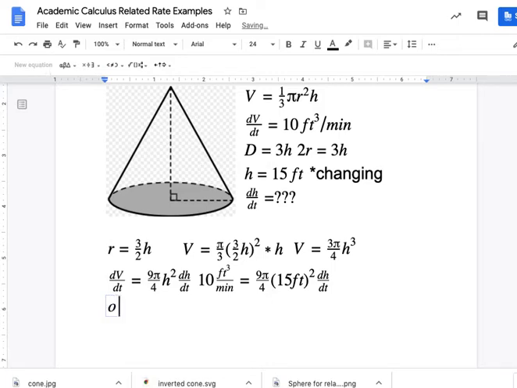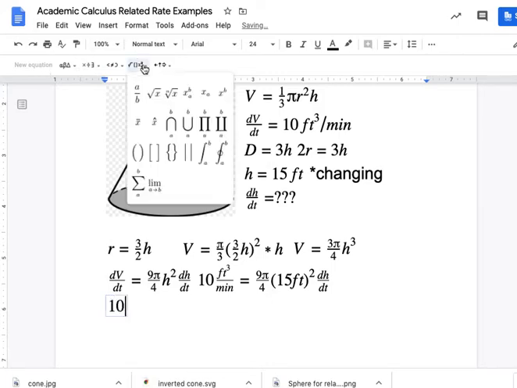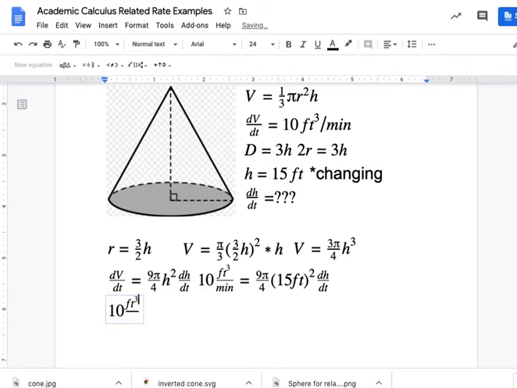So the equation is 10 feet cubed per minute equals 2,025 pi over 4 times dH dt. Now this unit here, because we squared this feet, is going to be feet squared, and that's going to be multiplied by our dH dt.